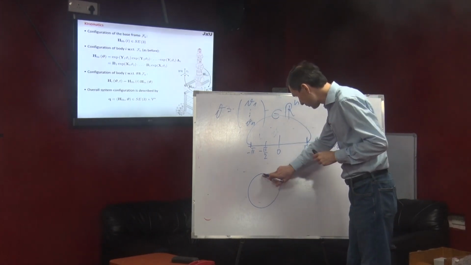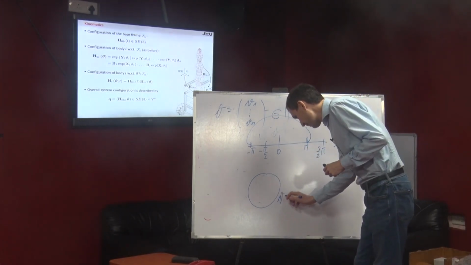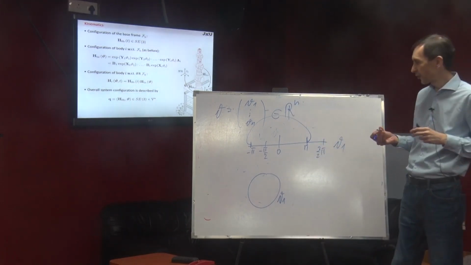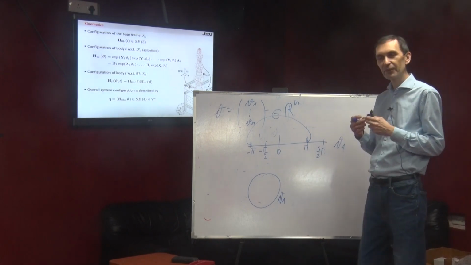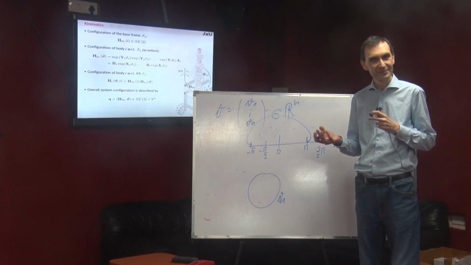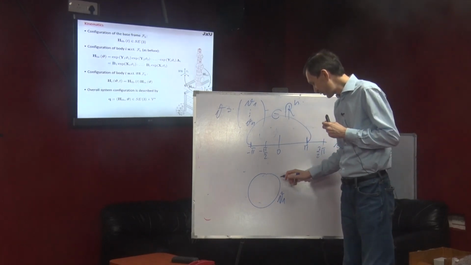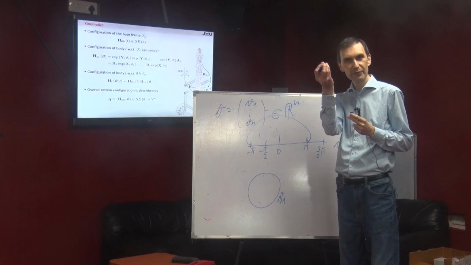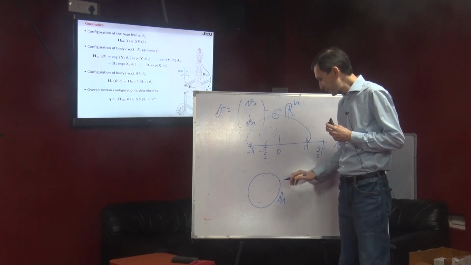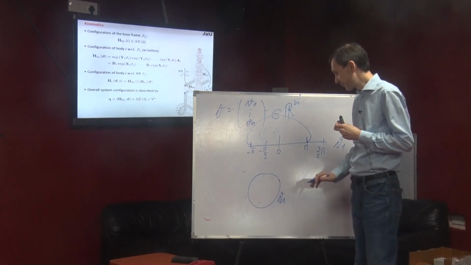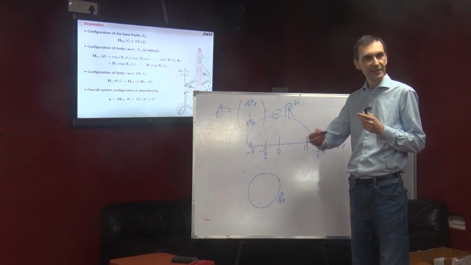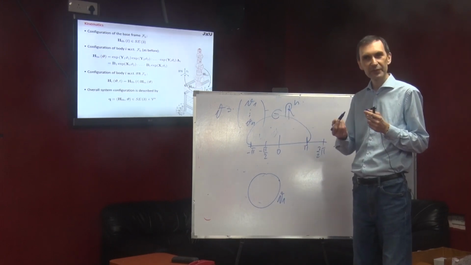Now the interesting thing is, let's say this was theta 1, representing the configuration space of the first joint angle. Now let's include the two angles, joint 1 and joint 2. What happens then? For one particular theta 1, you get again a circle for the second one.